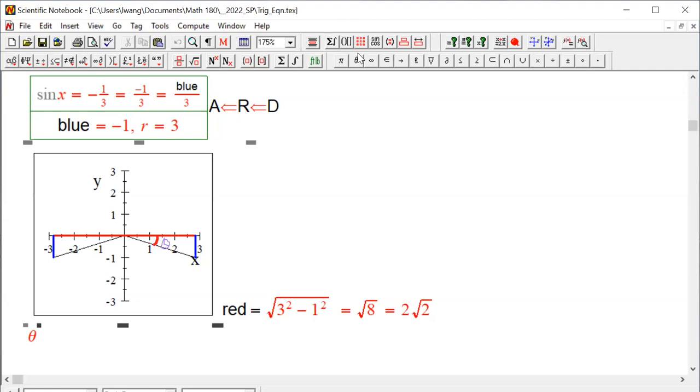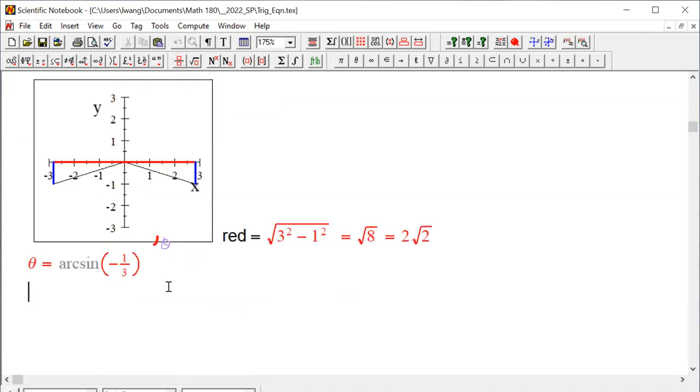We can assume theta equals arc sine of negative 1/3. So that way we're going to represent the solutions. Okay, so we can represent the solutions now.